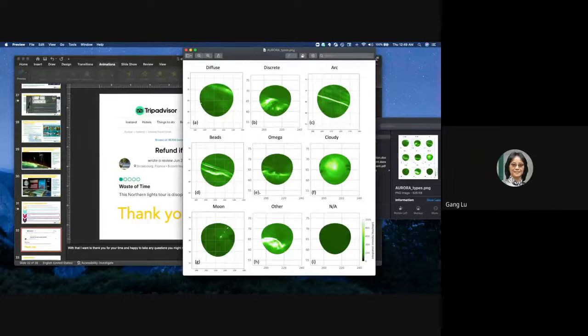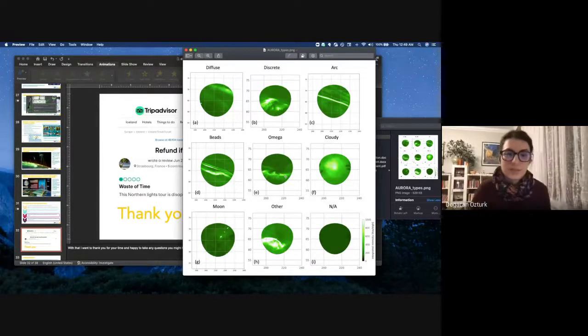Some of the open questions we have is basically, what are the magnetic field perturbations associated with these different types of omegas, different types of auroras? Here you can see these are all from the Poker Flat all-sky camera, and we have a magnetometer located at Poker Flat Research Range. So if we can have a larger statistical database of different types of aurora, we can associate the magnetic field perturbation with them too. So that will be one of the immediate understandings that we can have.